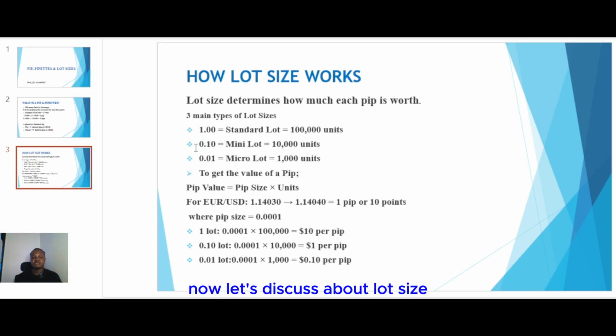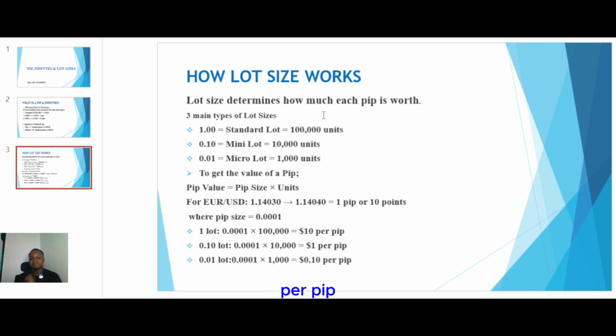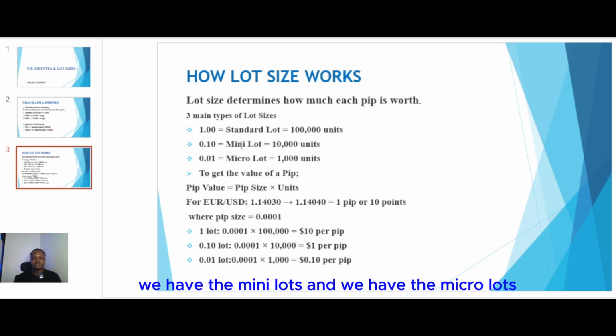Now, let's discuss lot size. Lot size determines how much each pip is worth, or it determines how much money you gain or lose per pip. We have three main types of lot sizes. We have the standard lots, we have the mini lots, and we have the micro lots.